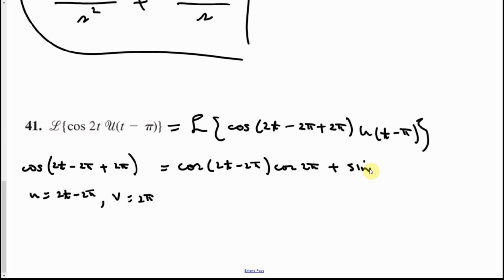So this is sine of 2t minus 2 pi, and then times sine of 2 pi. Now cosine of 2 pi is just 1. And sine of 2 pi is 0. So this expression here is just cosine of 2t minus 2 pi. That's exactly what it is.